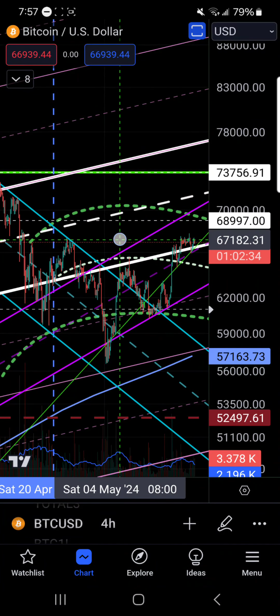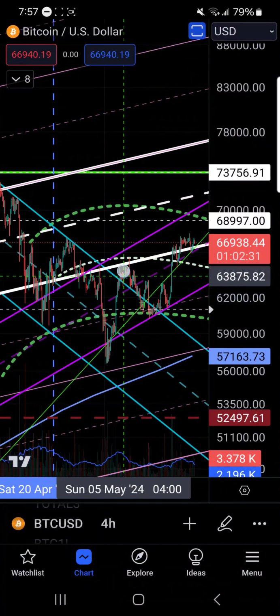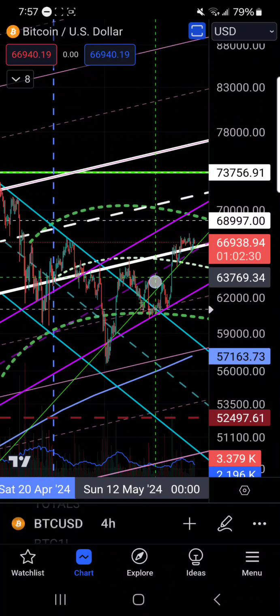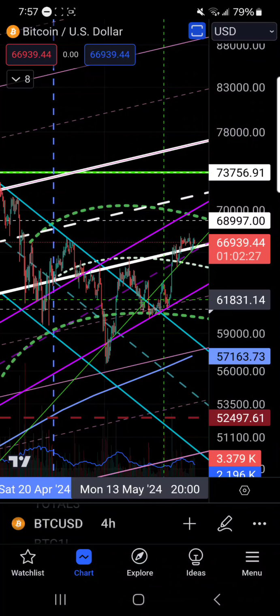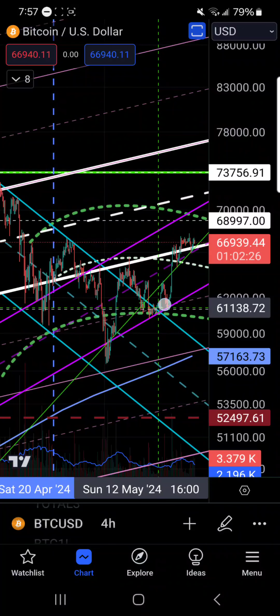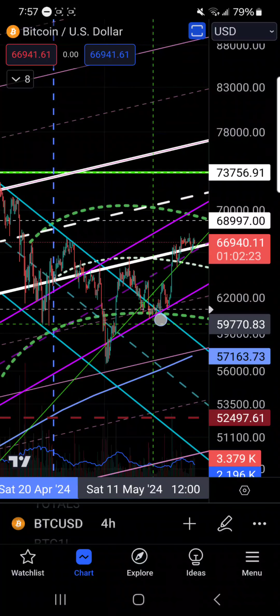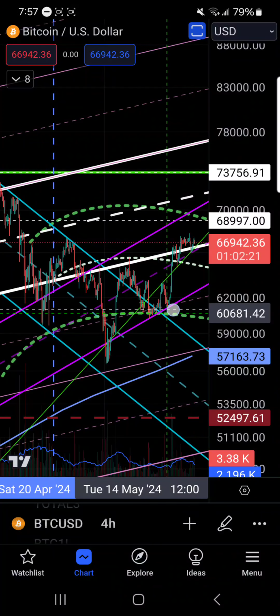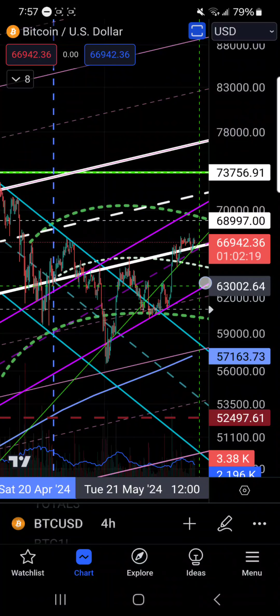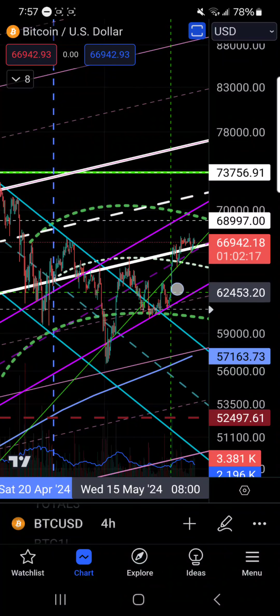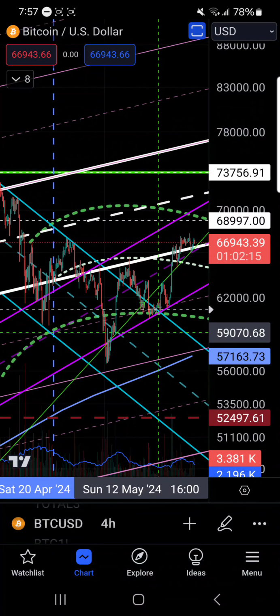And early May, broke above the channel, started holding it as support, and finally at this fuchsia colored line, we reversed back upwards.